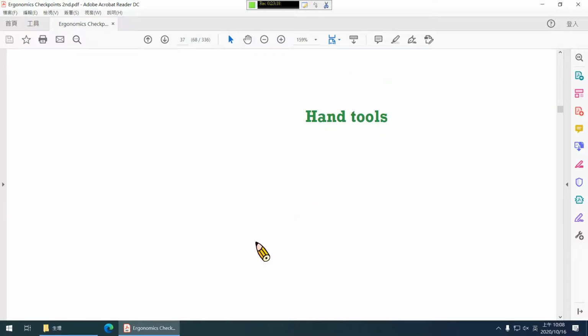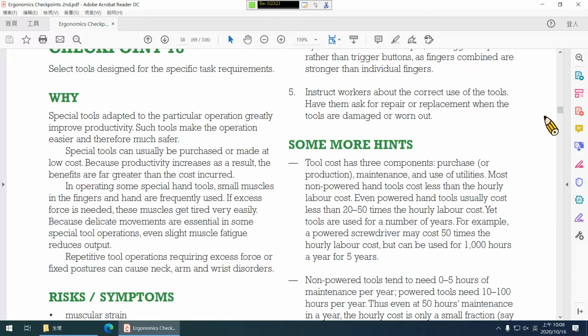The second part is hand tools. Let me take a look.